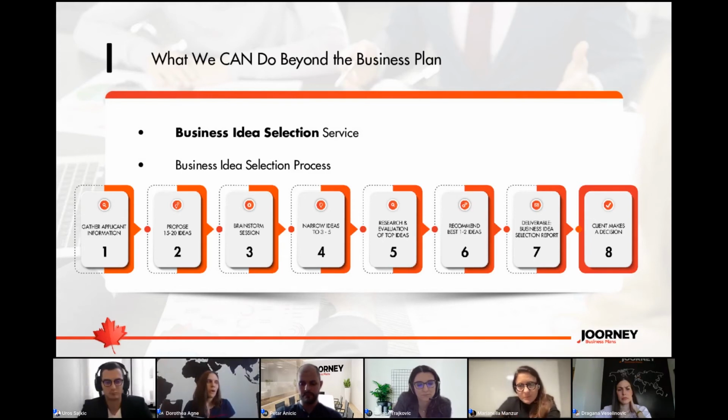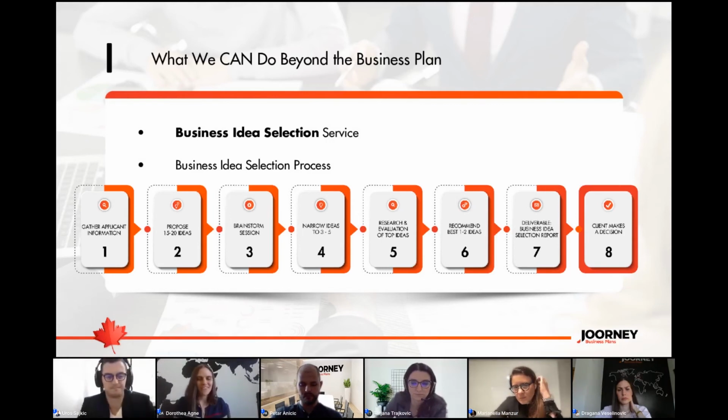We believe there's no benefit to the client receiving a document of 50, 100 pages that would explain 20 different ideas. We really want to focus on the ones that promise the most.